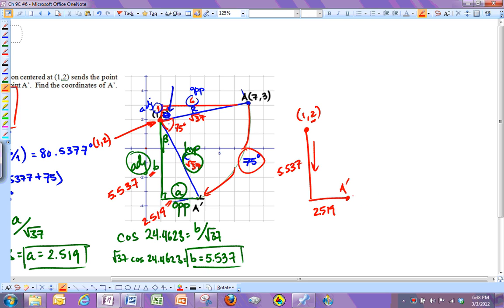I started at 2, and I'm going downwards, so the y value is going to end up being 2 minus the amount that I dropped, 5.537. And the x values change when I go to the right. They increase. I started at 1, and I increased by 2.519. So my final answer here, A prime is going to be 3.519 and negative 3.537.